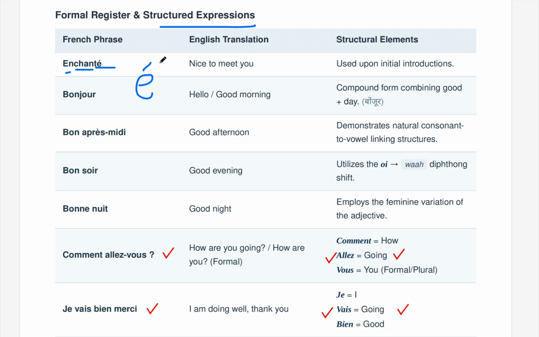It is nothing but the accent on the e. That is a different chapter, we'll be learning it maybe in lesson 9, 10 or 11. I'm not sure. These are simple accents, like here on the e you can see the accent. So it becomes enchanté, nice to meet you.